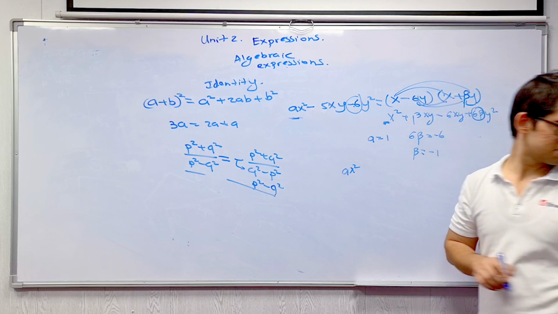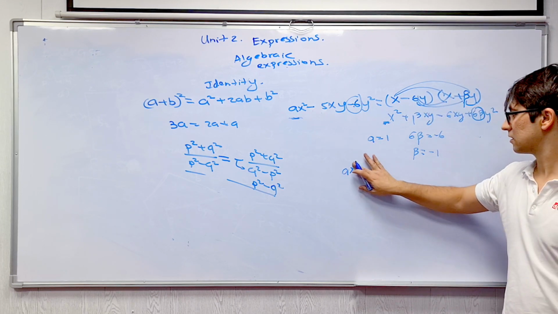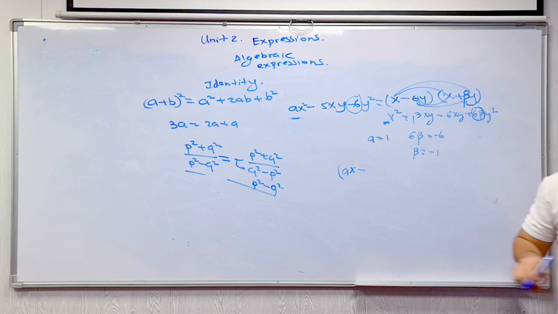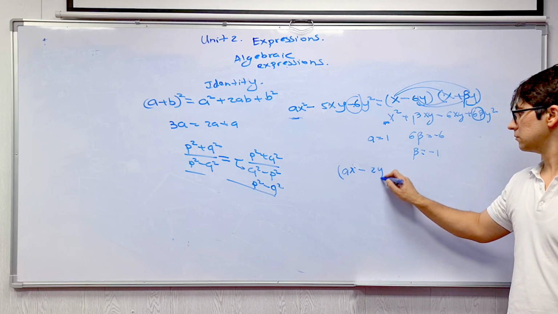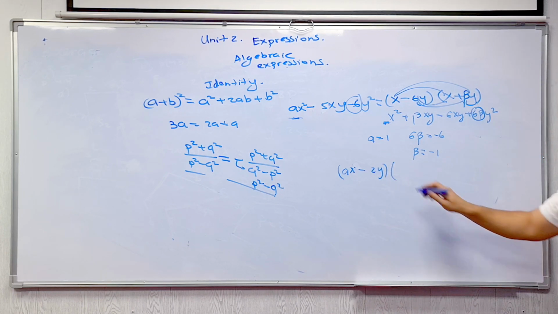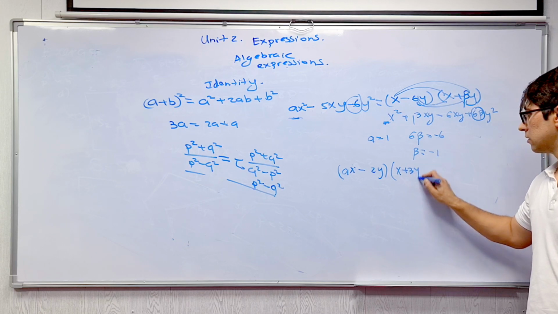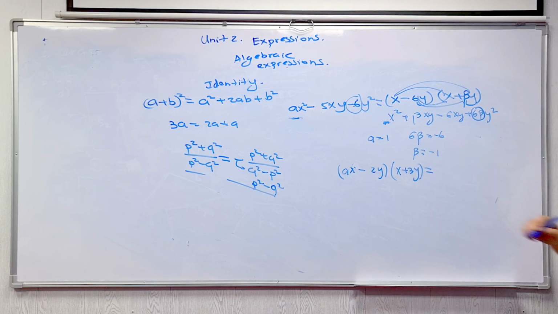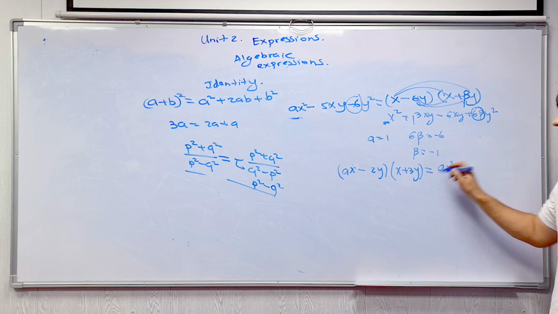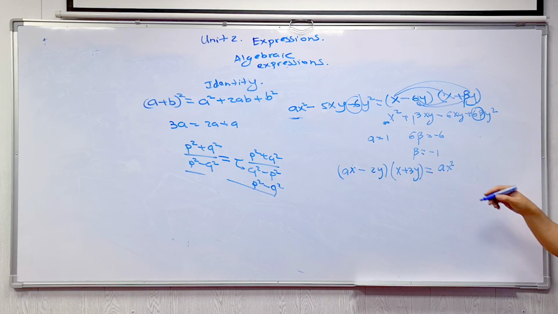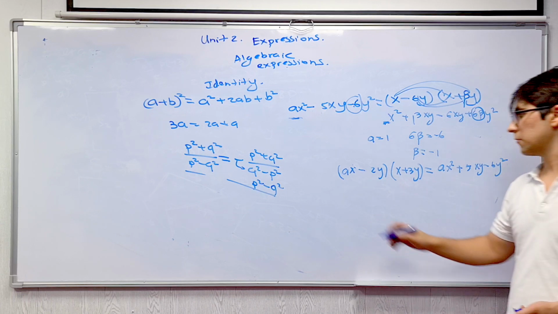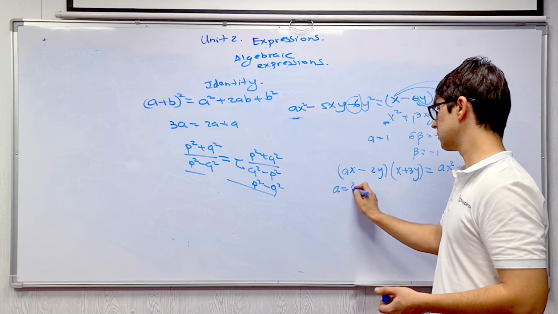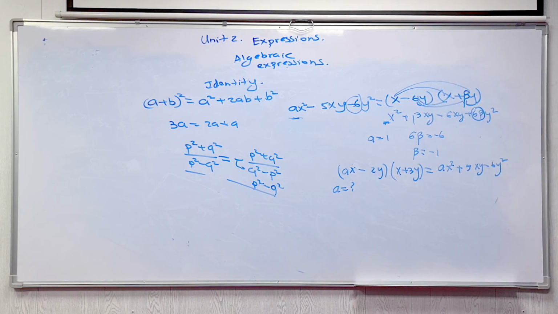(ax minus 2y)(x plus 3y) being equal to ax squared plus 5xy minus 6y squared. You have a, and here you also have a. It is saying find a. How are you gonna do it?